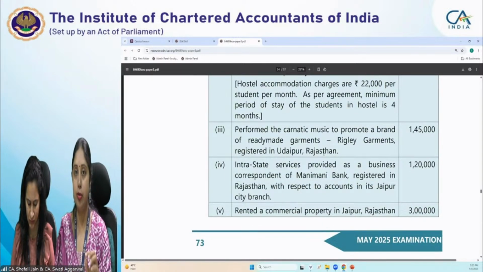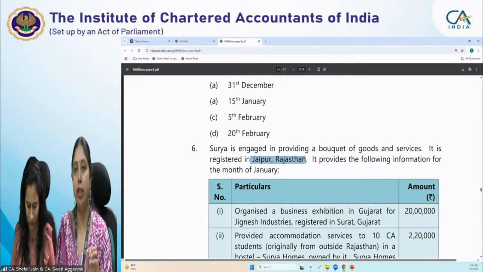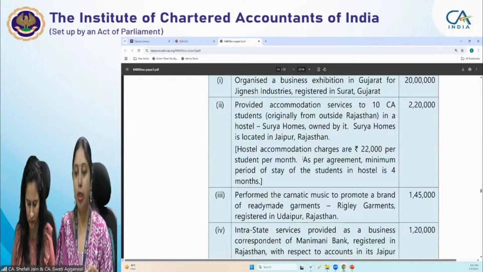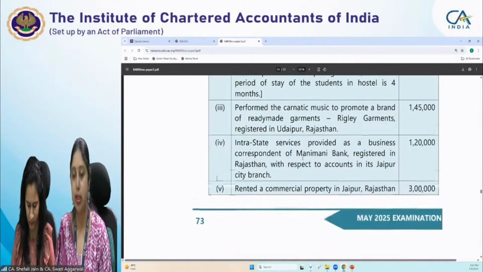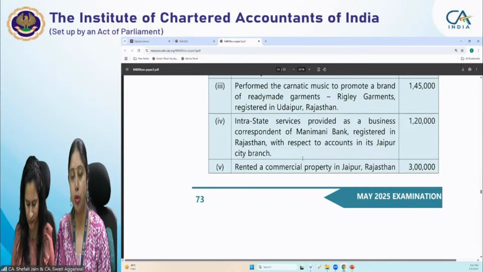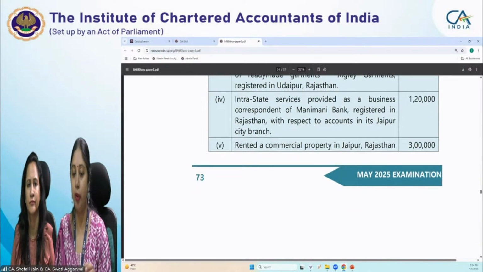Then Surya, you know that he is registered in Jaipur, Rajasthan. This is also an important piece of information you will require in every question. He is registered in Jaipur, Rajasthan, and he is providing services and goods. Services include the service of renting of cars also. Now, he organized a business exhibition in Gujarat. He provided accommodation services. He performed Carnatic music to promote a brand of ready-made garments. Then he provided intrastate services as a business correspondent of Money Bank.